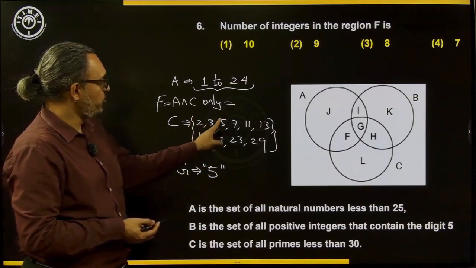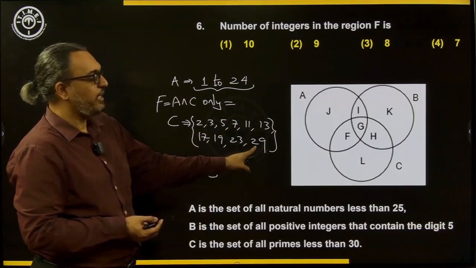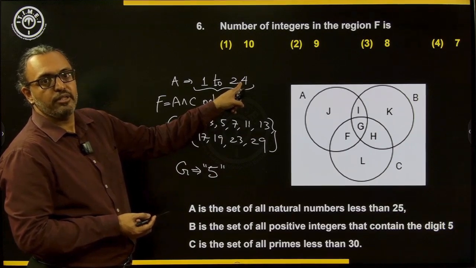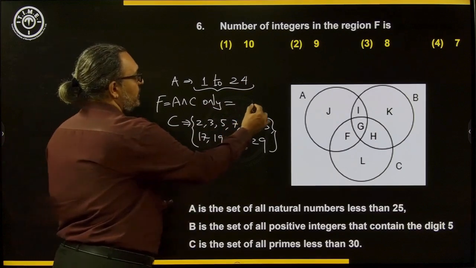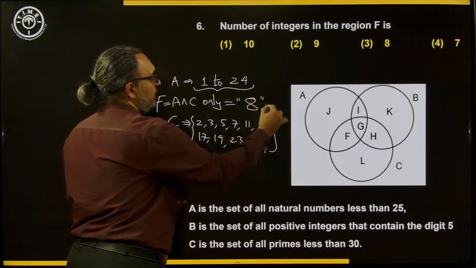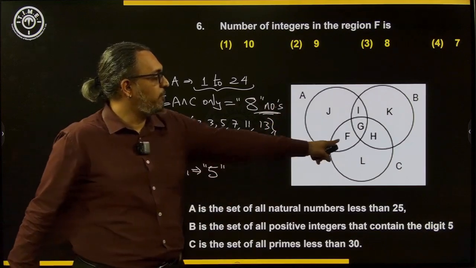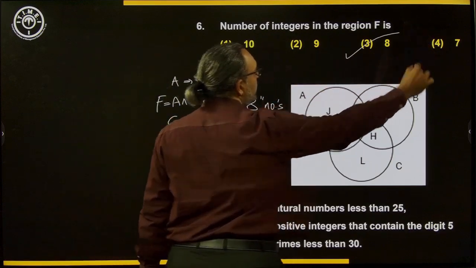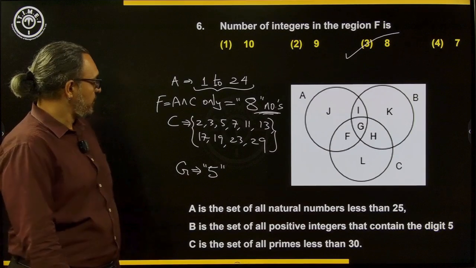So 1, 2, 3, 4, 5, 6, 7, 8. 29 also cannot be considered because 24 only, less than 25. So basically there are 8 numbers. There are 8 numbers that are common to both A and C that will be placed in the region F. So that is there in the third option. Are you understanding this? Okay.